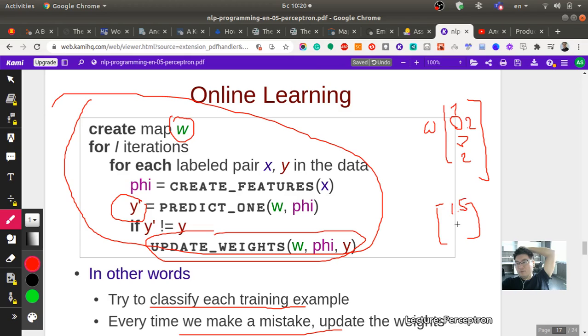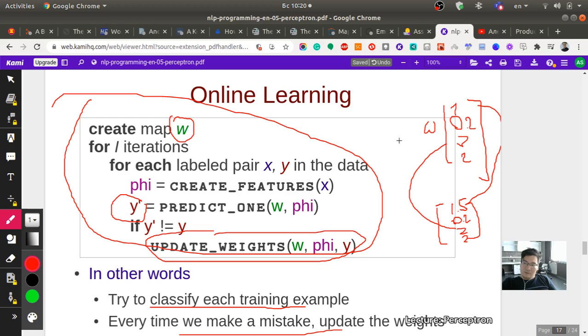For example 1.5, 0.2, 2 and 2. So in this case the first number was changed and the third number was updated. So this is called update weights. You change the weights.